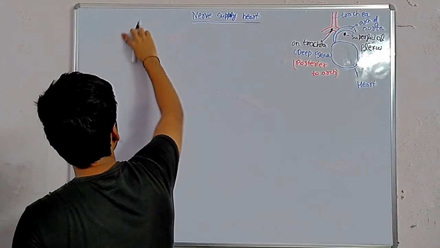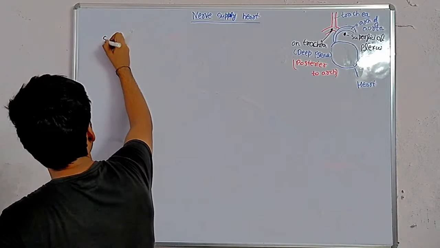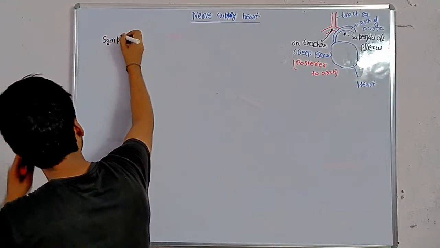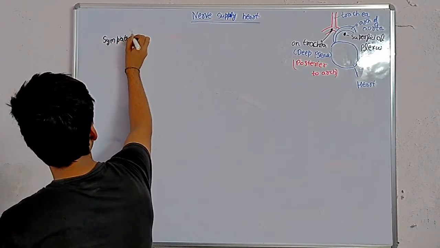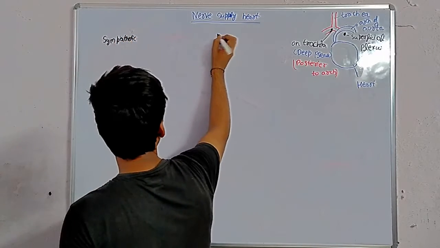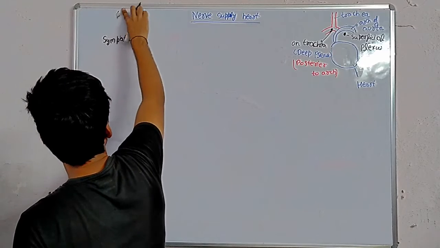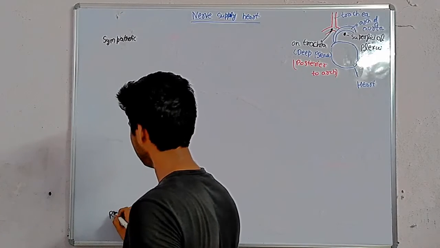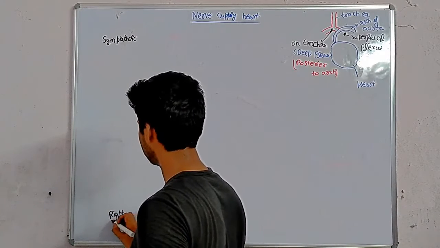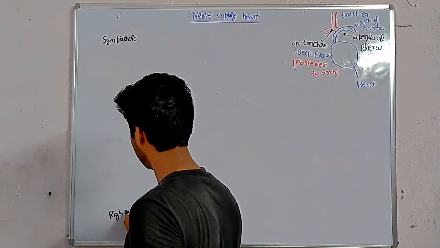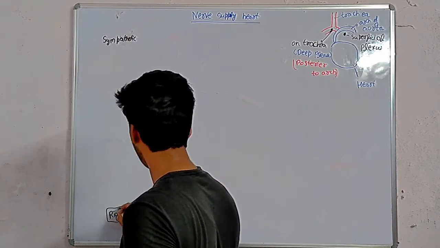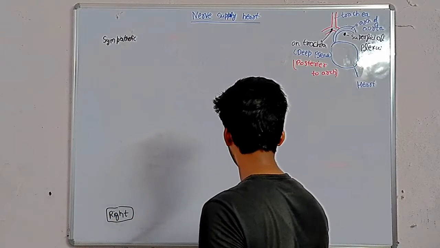Here is the sympathetic supply to the heart. This is the right side of the body and this is the left side of the body.